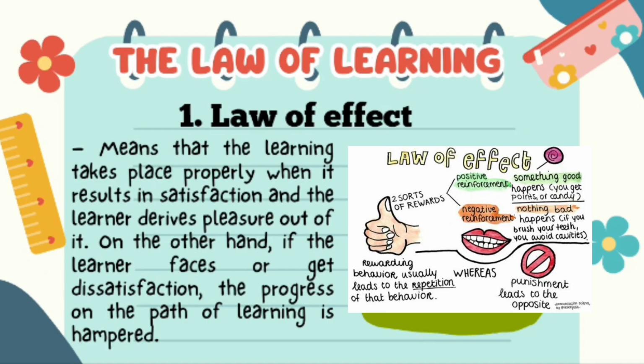For example, if a student answers correctly and the teacher praises them, that good feeling motivates them to keep learning and participating. But if a learner experiences dissatisfaction or negative feedback, it can reduce their motivation and slow down their learning progress. So, the law of effect simply shows that pleasant outcomes strengthen learning while unpleasant experiences weaken it.